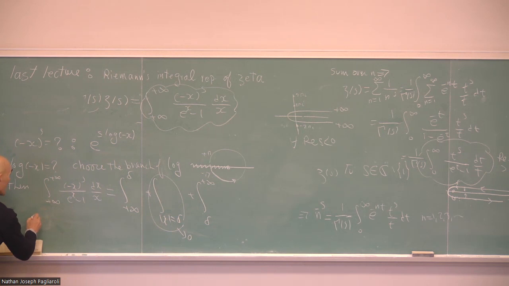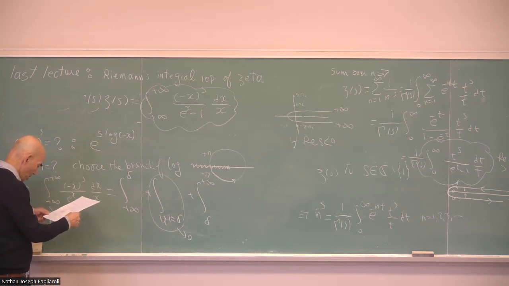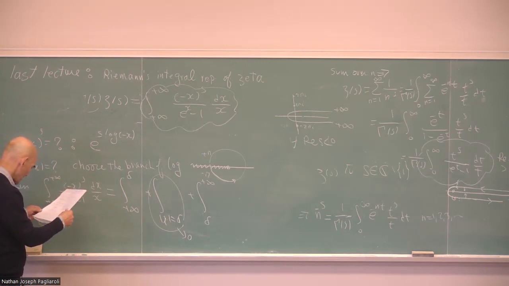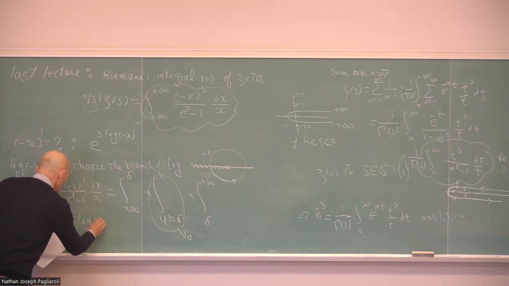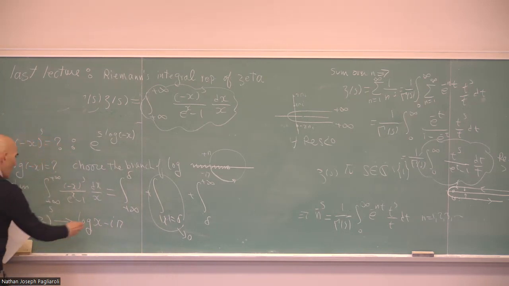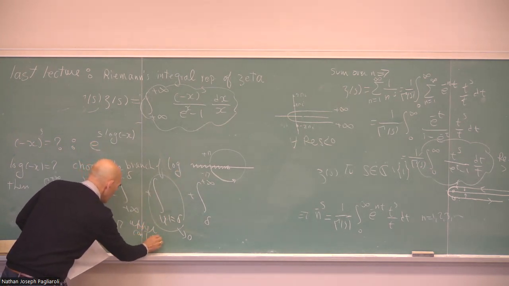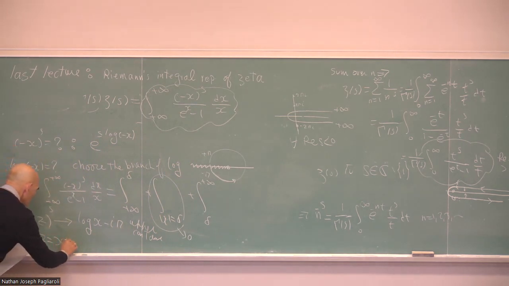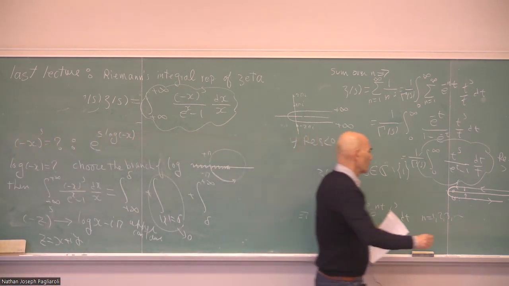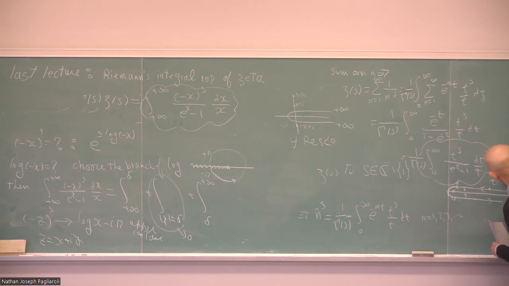So let me write it like minus z to the power s approaches log of x minus I pi, on the upper branch, upper contour, where z is x plus iy. Because as you push down, here is z, which is like x plus iy, you're approaching the real part of this.